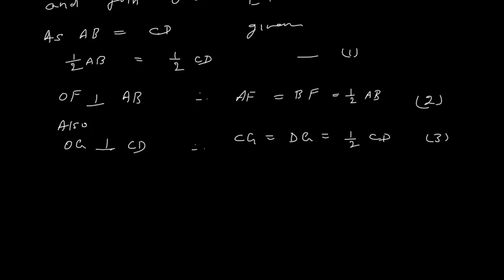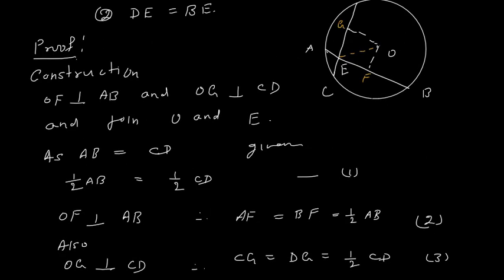Now why are we doing all these things? We will prove that triangle OFE and triangle OGE are congruent. Once we prove that they are congruent, then the distance GE and the distance EF are going to be equal. Now CG and AF are equal, so from equal lengths, if I subtract GE and EF, I will get AE equal to CE. Okay, this is all we are trying to prove. So here first we have to prove AF equal to CG.